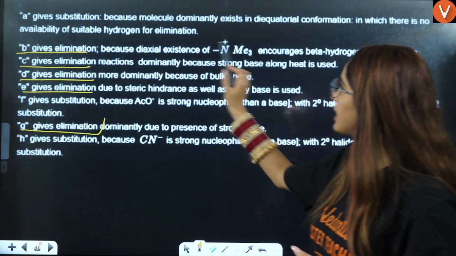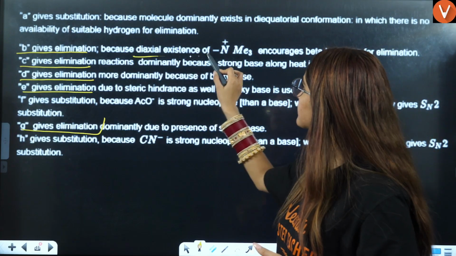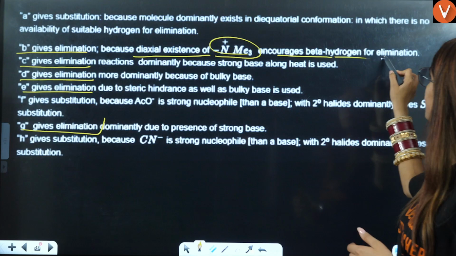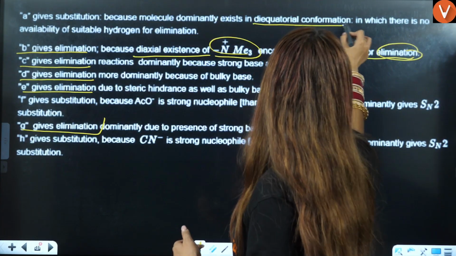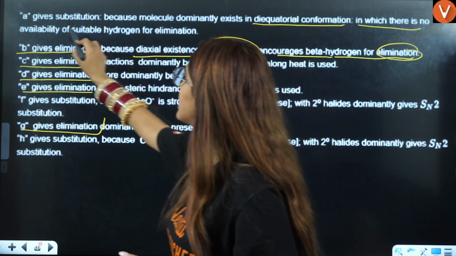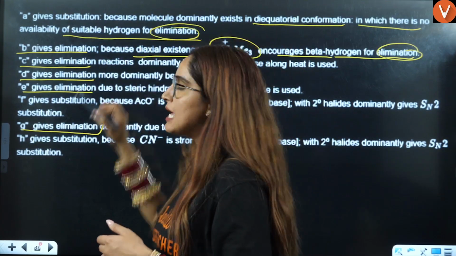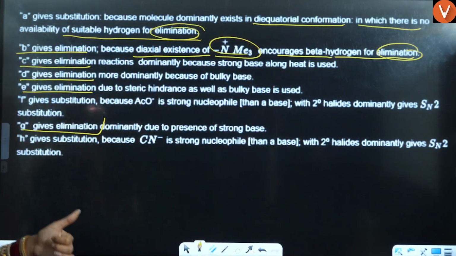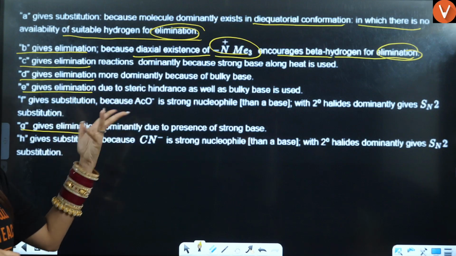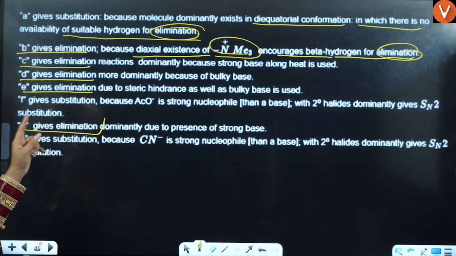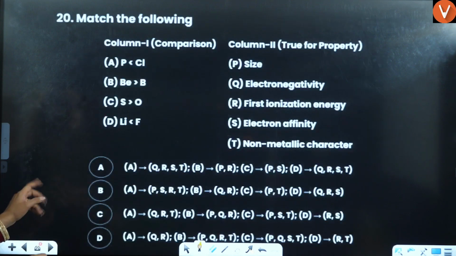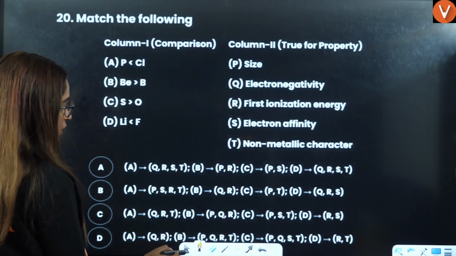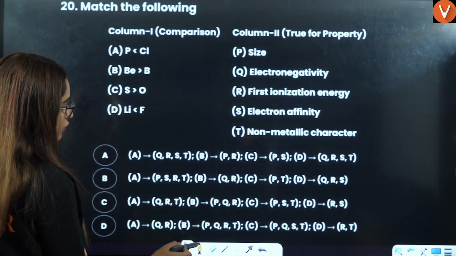As you can see, diaxial existence of this encourages beta hydrogen elimination, right? But in di-equatorial conformation, there is no availability of suitable hydrogen for the elimination, because of the axial and equatorial positions. In diaxial position, it can show the elimination. So answer is 5.